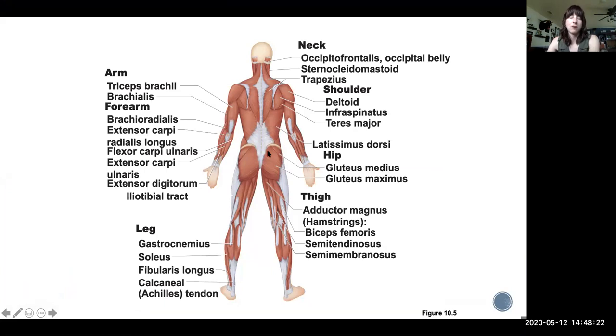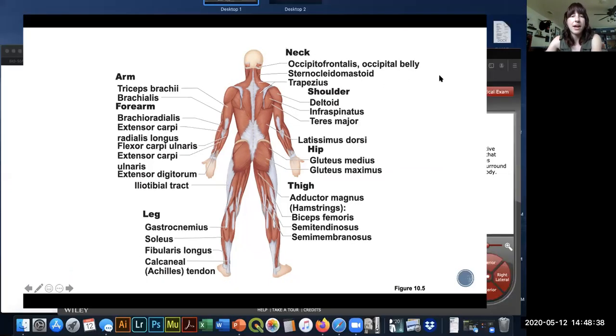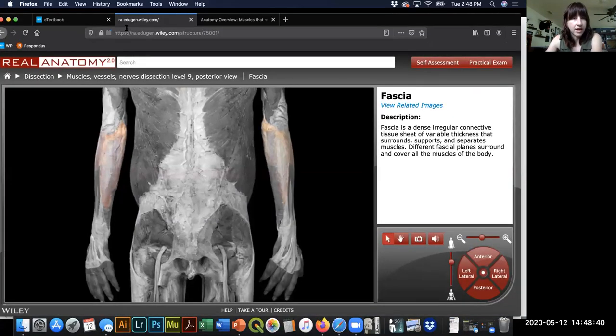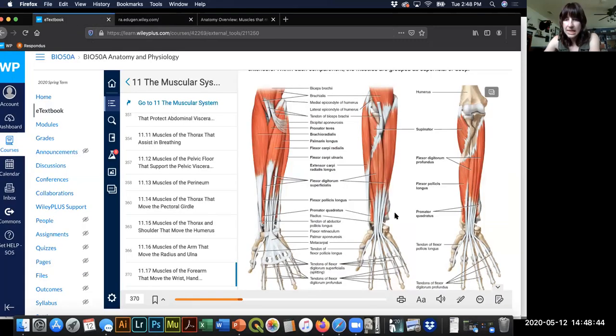Any questions about the arm muscles before we move on to the legs? I'm going to move on to the leg muscles. Okay, taking that as a no. I'm moving on in my textbook to page 425. Let's see if that goes along with the e-text.